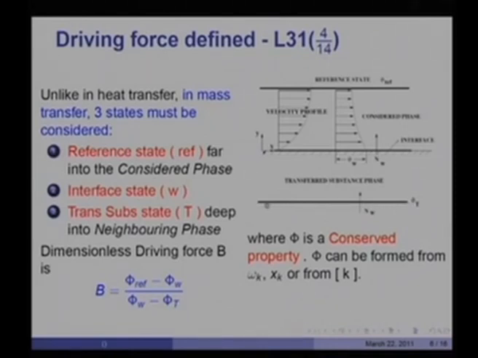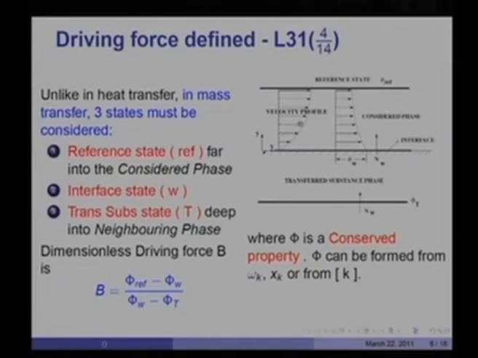So, all quantities are uniform in the transferred substance state, and the mass transfer can be shown to take place from here. It can be shown across the interface and into the considered phase.